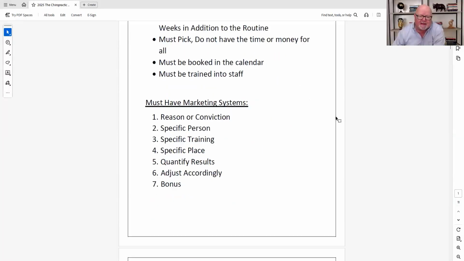So remember, you must have systems, a reason or conviction. What's a system? It's a specific person, specific training, specific place. You have to quantify results, adjust and modify accordingly, depending on the results. And that's why I say they either get a bonus, they need extra training, or they need to be moved. They just can't do it.